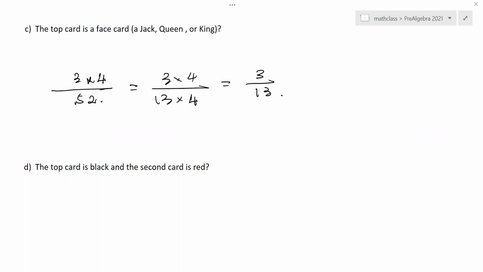What is the probability that if you take 2 cards randomly, the top card is black and the second card is red?